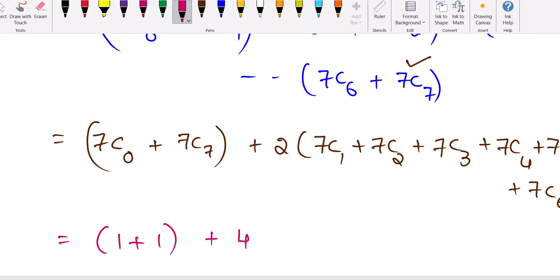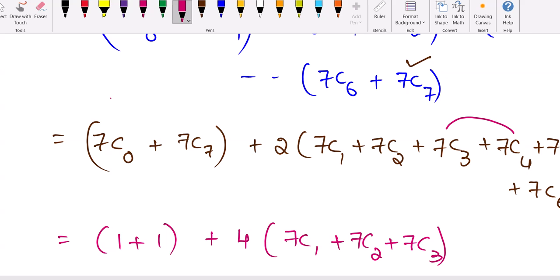Right? So for the remaining terms, I can write 4 times of 7C1 plus 7C2 plus 7C3. Sir, why 4 times? Previously 2 times. Listen, 7C4 and 7C3 are equal, 7C5 and 7C2 are equal, 7C1 and 7C6 are equal. How, sir?